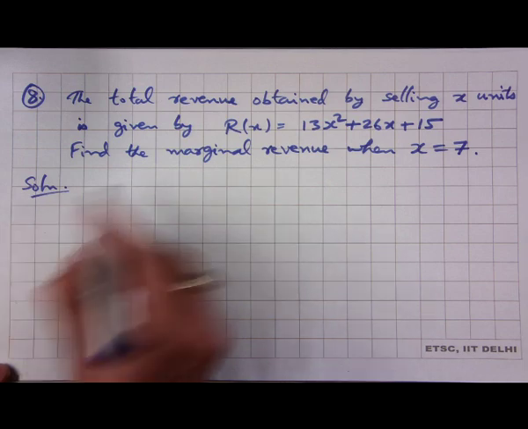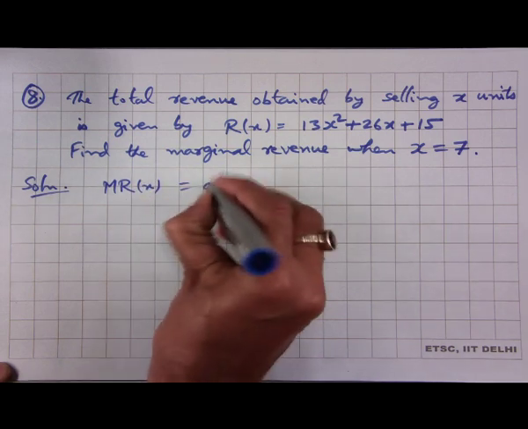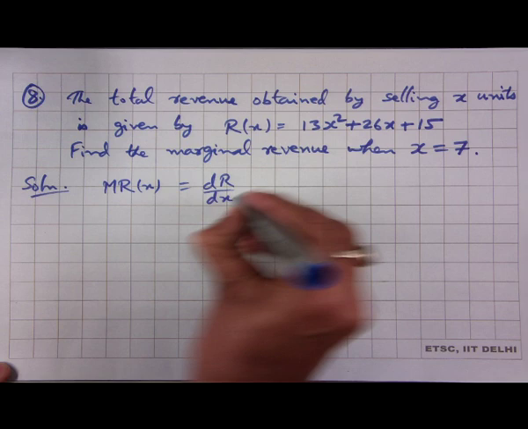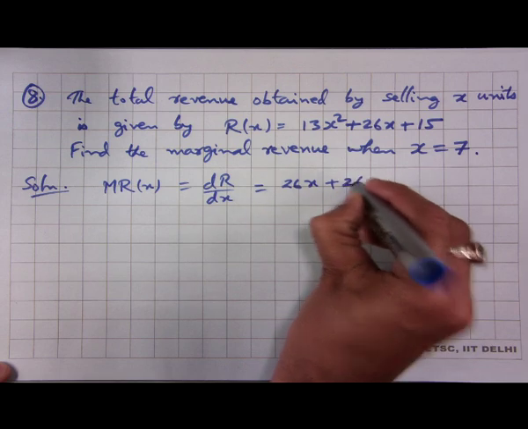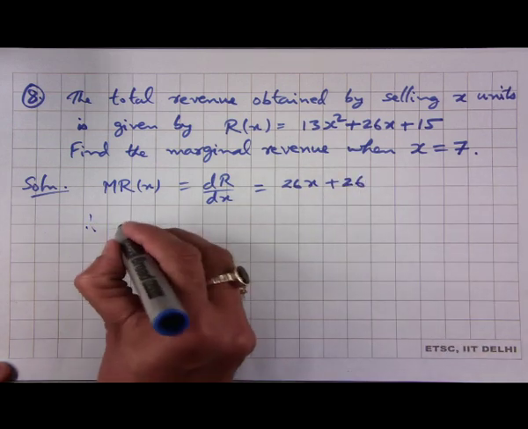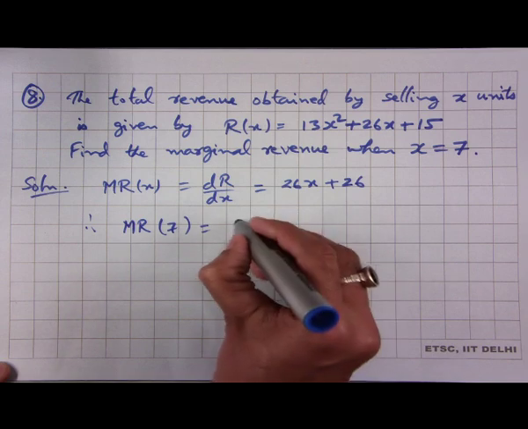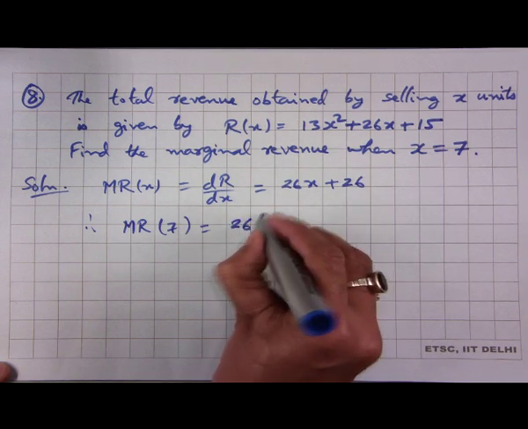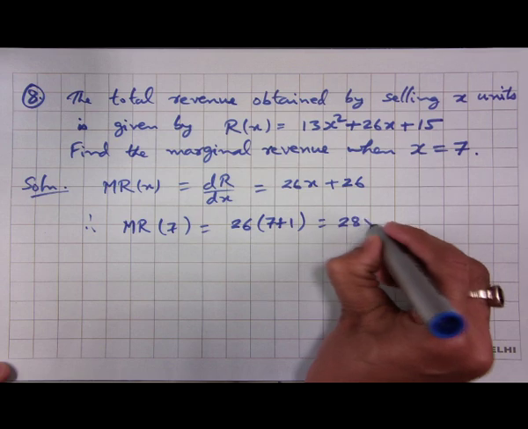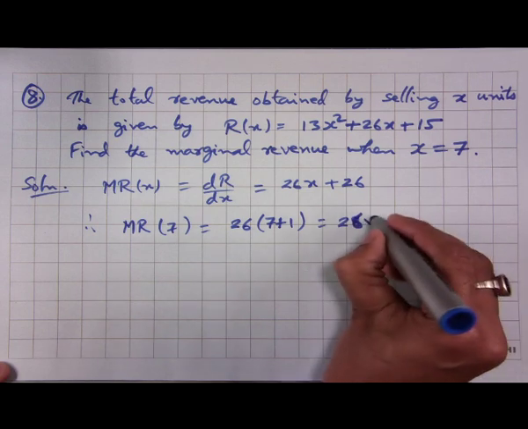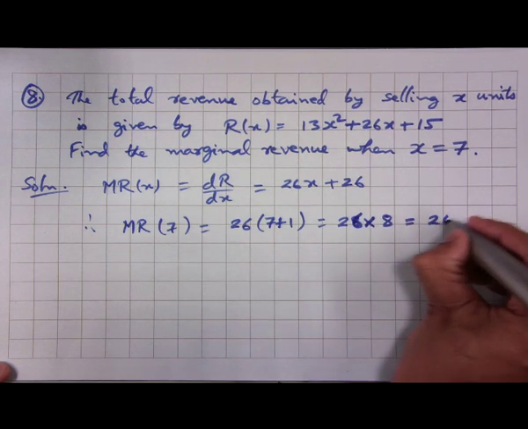So, again if you know the definition, marginal revenue is the derivative of R with respect to x. This is equal to 26x plus 26. So, therefore, when x is 7, this is equal to 26 times 7 plus 1, 26 times 8, which is equal to 208.